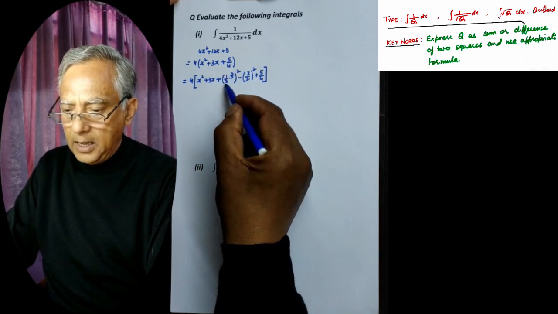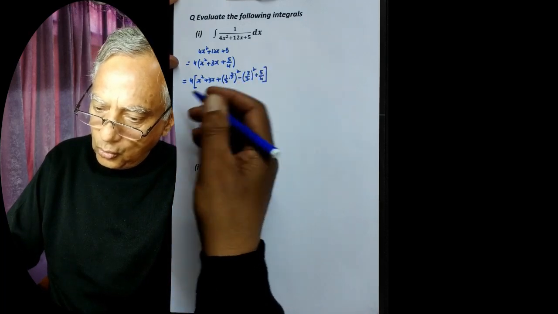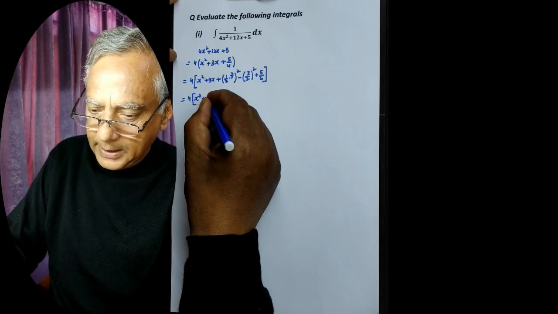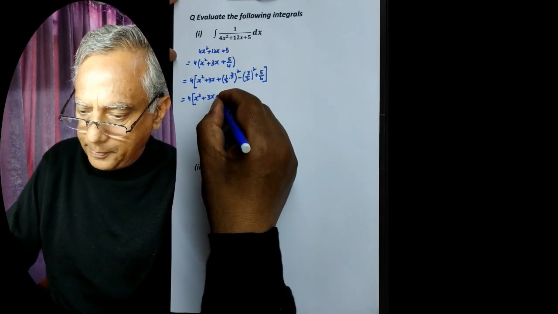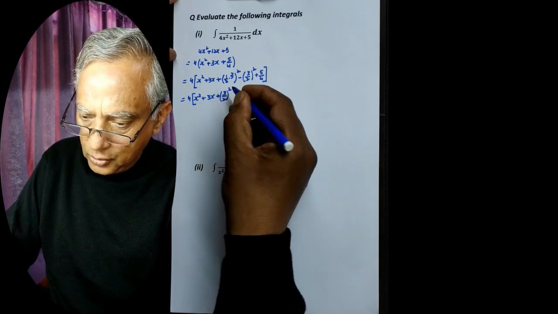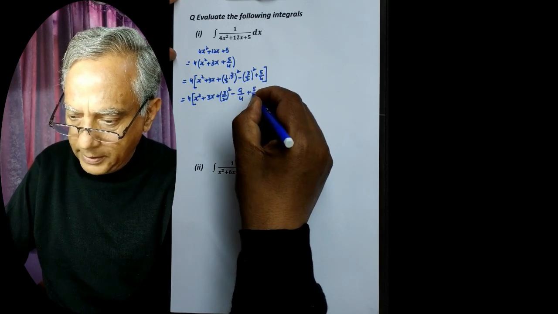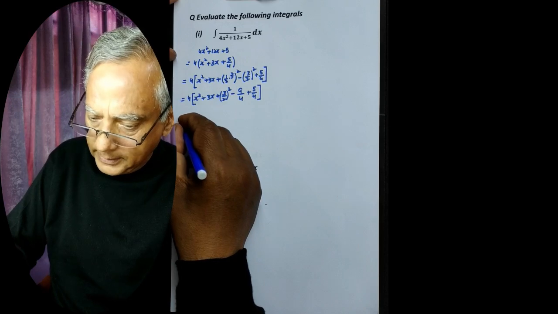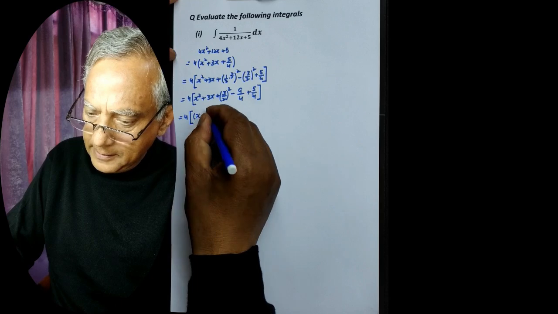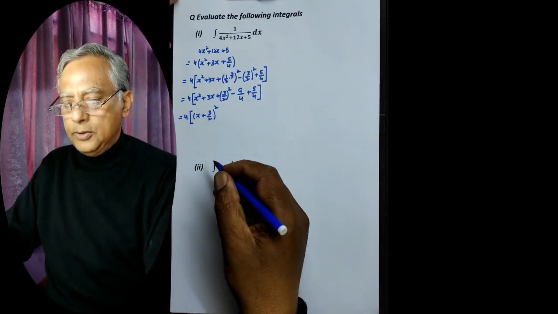So this is equal to 4 into x square plus 3x plus 3 by 2 whole square minus 9 by 4 plus 5 by 4, and this is equal to 4 into, now this is x plus 3 by 2 whole square.